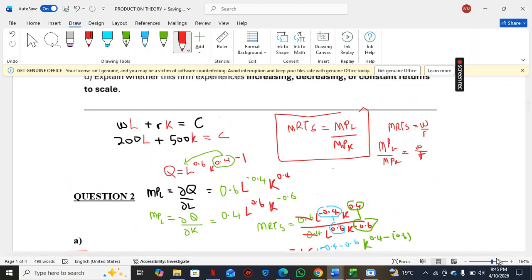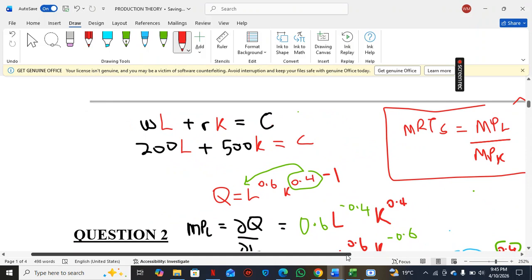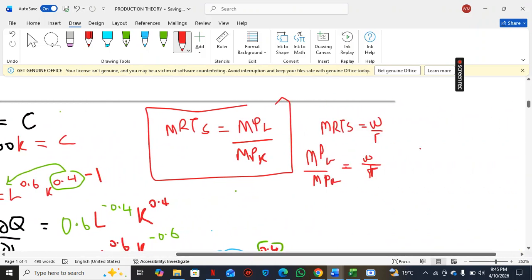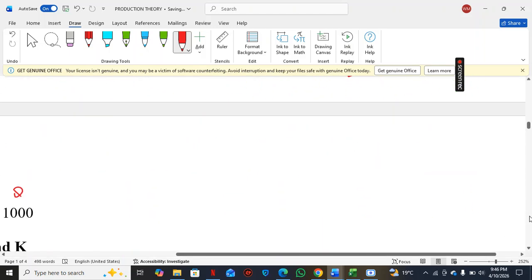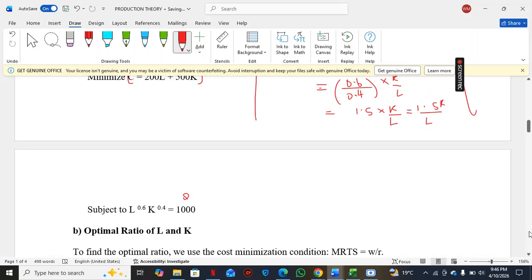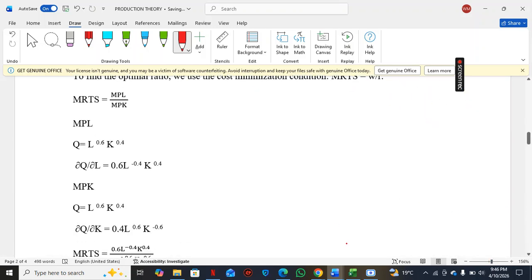We're just halfway done. Because remember, the cost minimization condition is where MRTS equals the wage rate over the rate of capital. So we found MRTS, it's 1.5 K over L. So we'll write our equation like this.